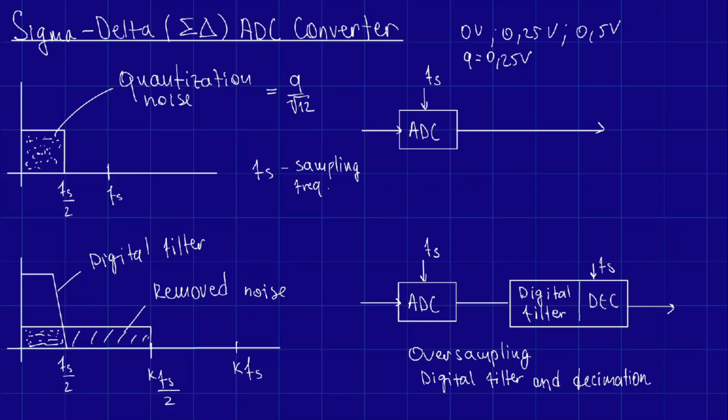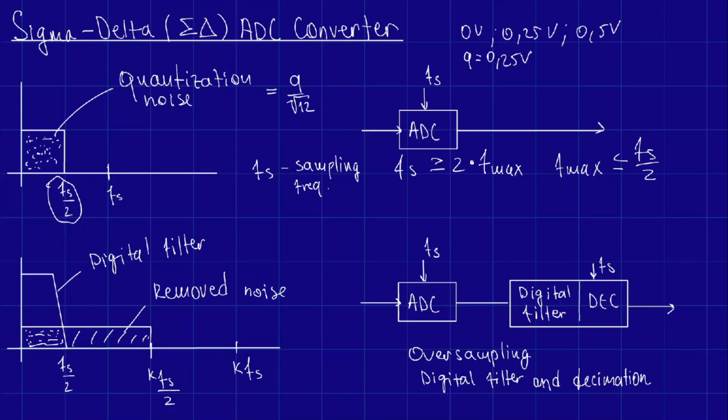So what the Nyquist-Shannon theorem says is that for us to be able to reconstruct clearly the signal, we need the sampling frequency to be at least twice the maximum frequency that the signal has. So that means that with a certain Fs, we can have a max of Fs divided by 2 in our signal. So that is the reason that here you have Fs divided by 2.